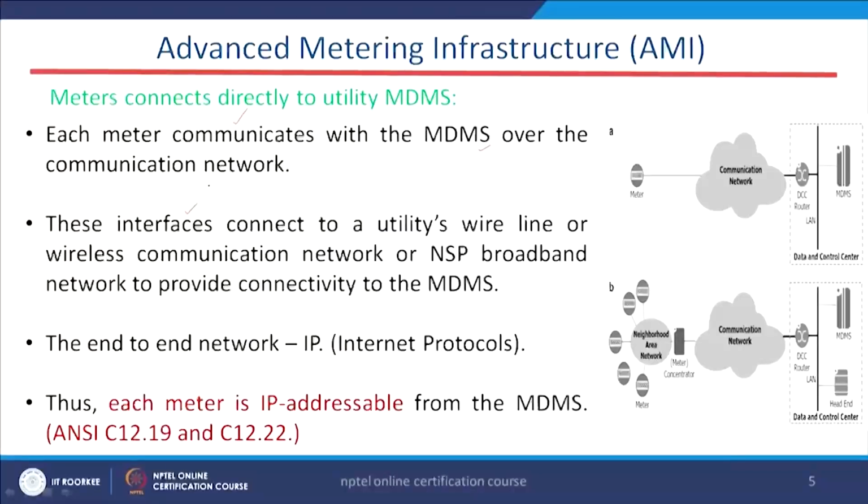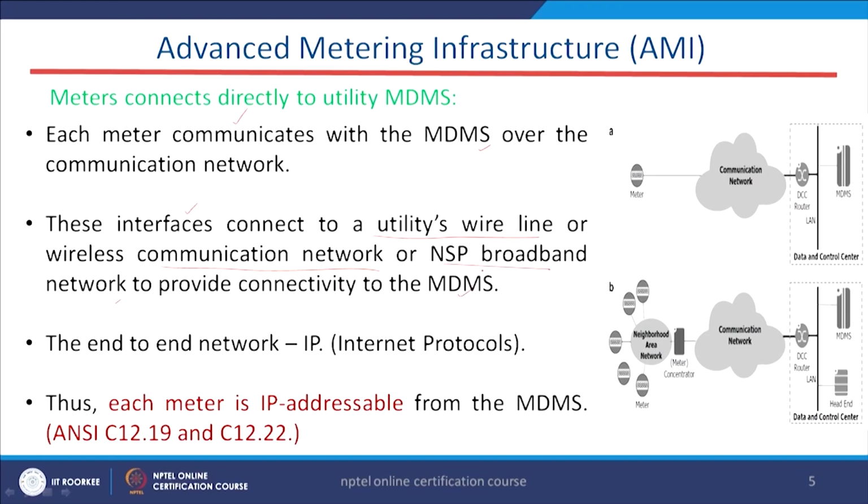Each meter communicates with the MDMS over a communication network, that is the first requirement. And the second one: these interfaces connect to the utility's wireline or wireless communication network, or an NSP broadband network, to provide connectivity to this MDMS.